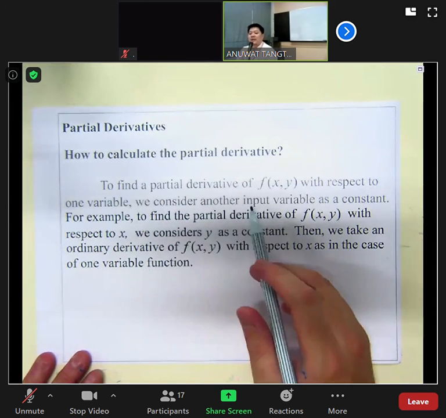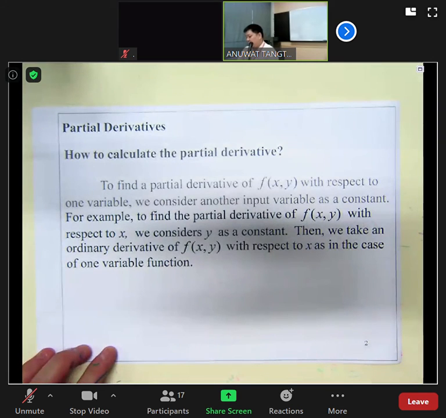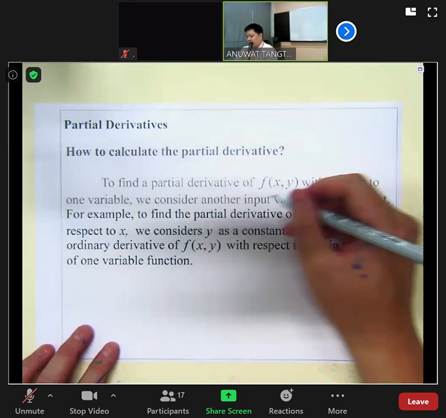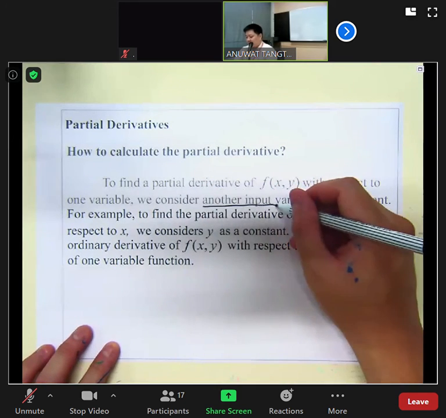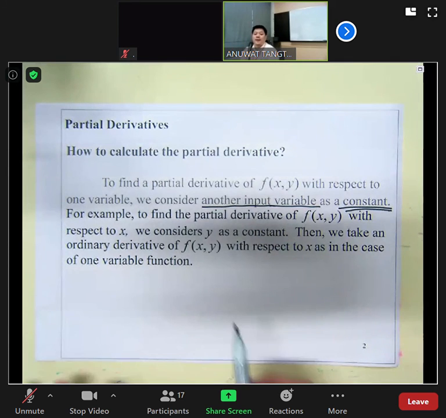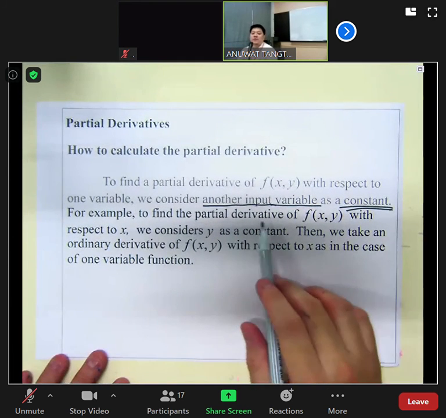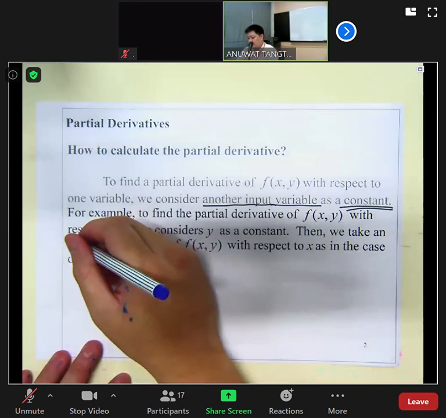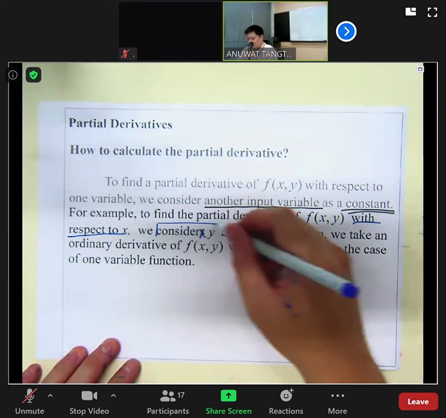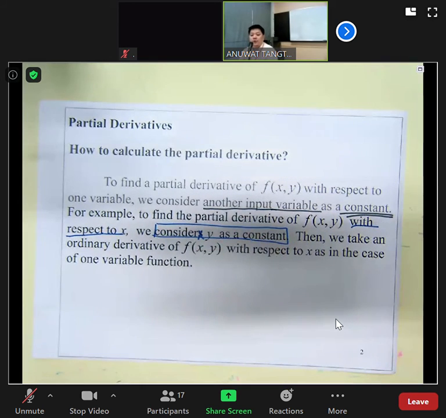The other input variable should not change, so we need to let the other input variable be constant. For example, to find the partial derivative with respect to x, we consider y as a constant. Do not let y change, just let x change only.